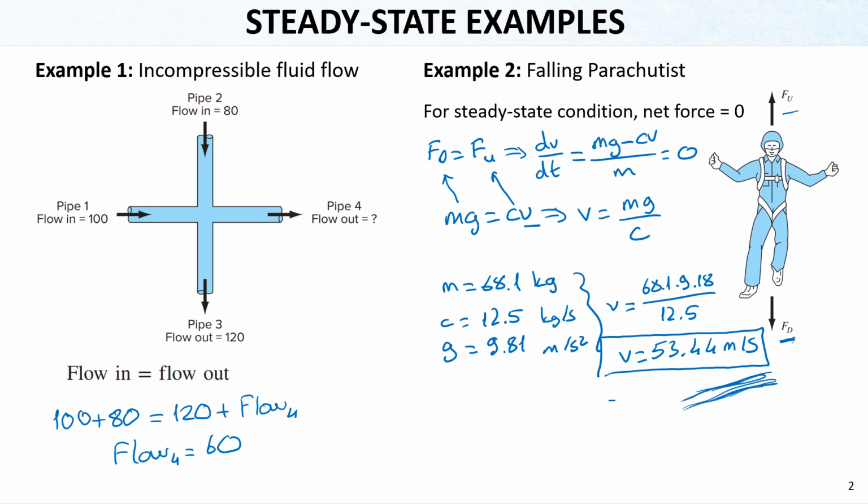So from the start point where we jump to the final point where we have a steady state condition, the velocity will increase gradually, reach this value, and stay constant at this value. So we can easily find the maximum velocity using the steady state condition for the falling parachutist example.